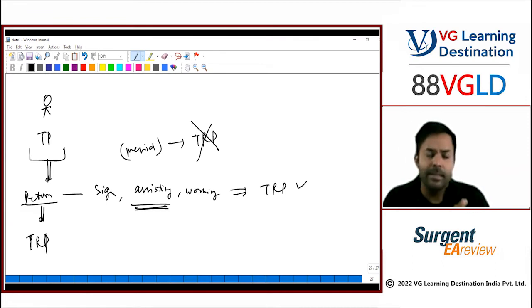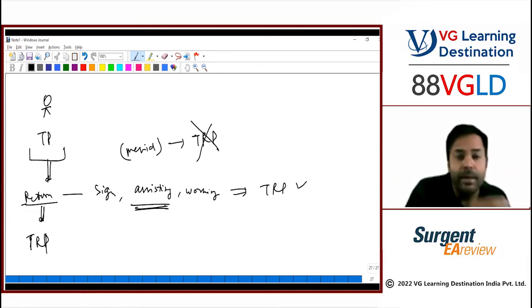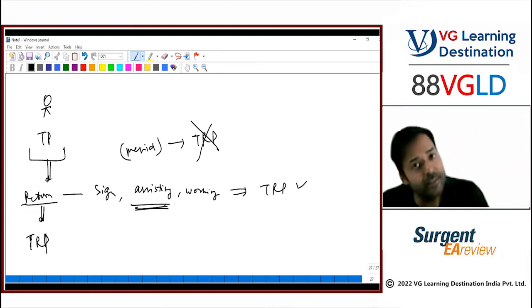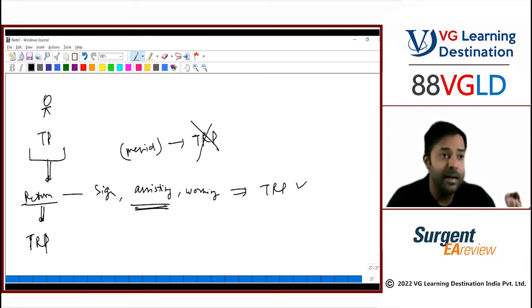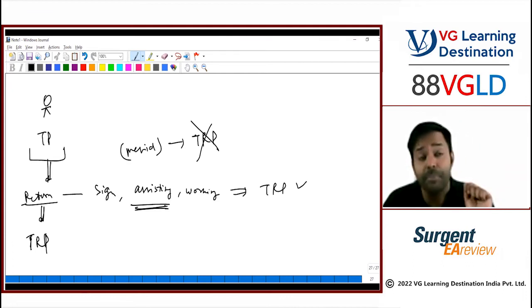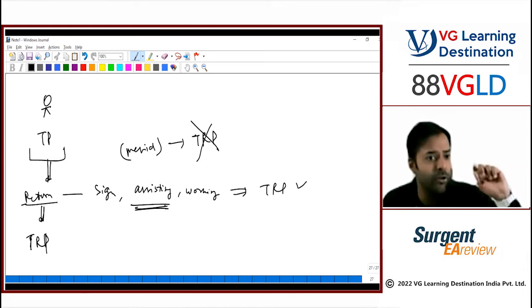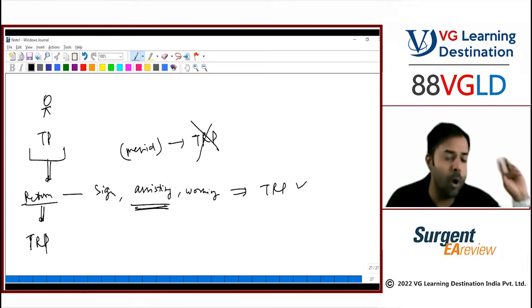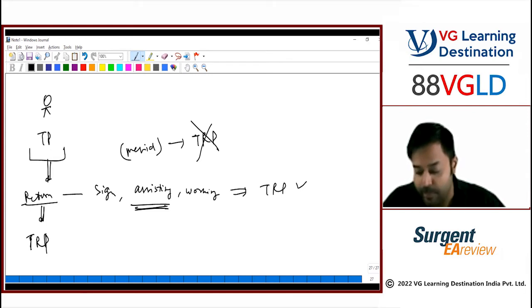So assisting is different from doing menial and petty work. Please understand the difference. Assisting is when you're trying to help with something, like the calculation. Menial is when you're punching the data, typing the data, just copying the data. That will not amount to a TRP.